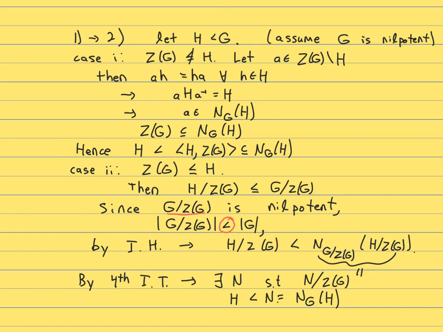So what happens in this case? Well, what happens if you have equality here? Then the center must be trivial. If the center is trivial, then your group is not nilpotent, because you're trying to create this upper central series that terminates in G, and the series terminates in the trivial group.